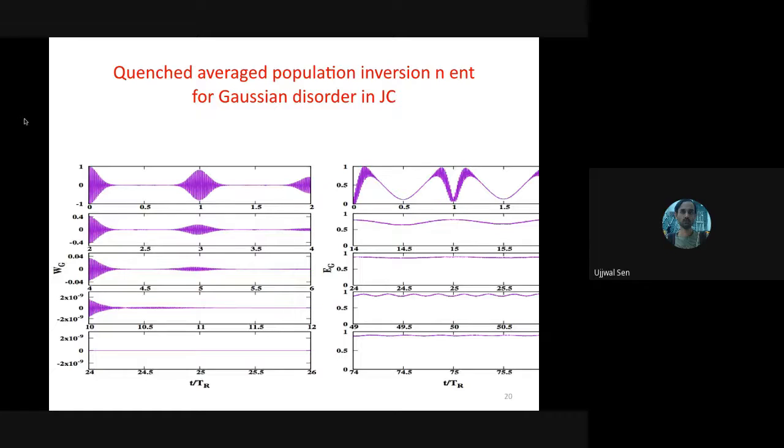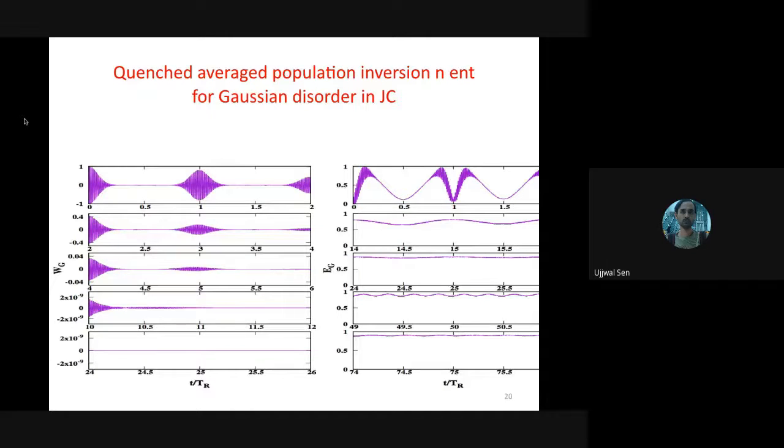So, although the Gaussian disorder destroys almost all of the population inversion with time, it is unable to destroy the entanglement. The atom-photon entanglement survives with time.